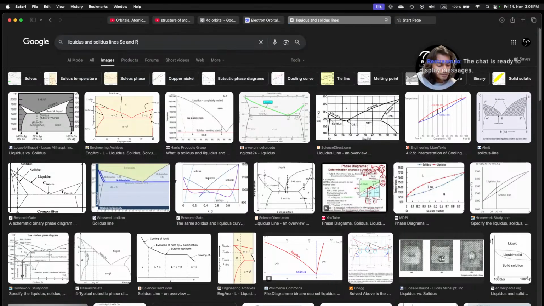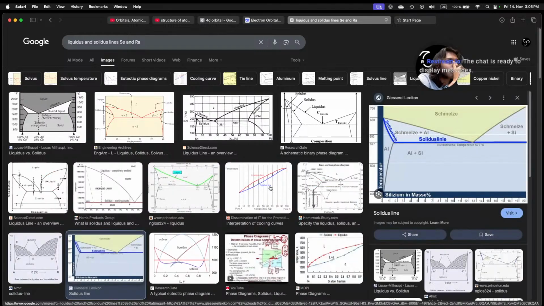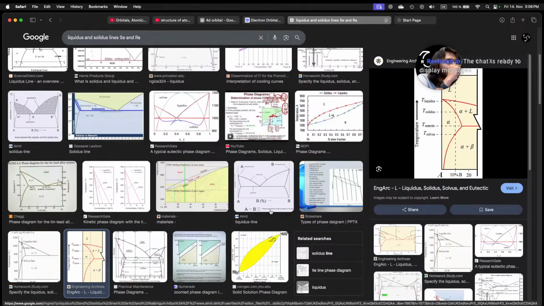Selenium and radium. Let's see. Radium, not radon. How do I calculate these numbers?